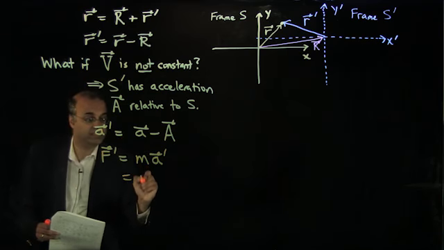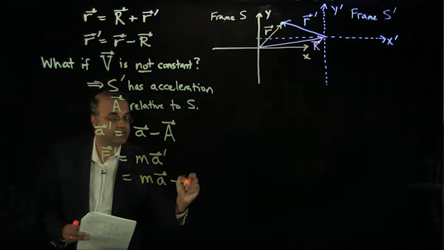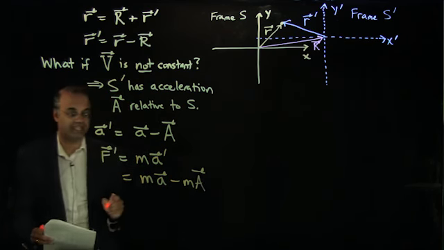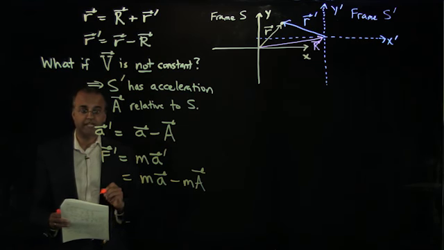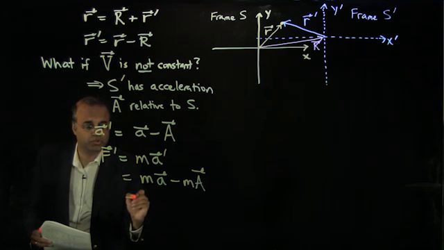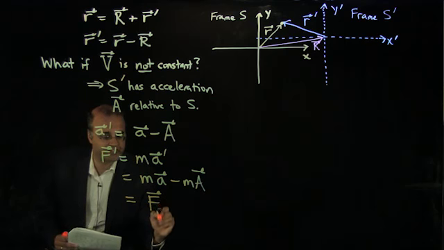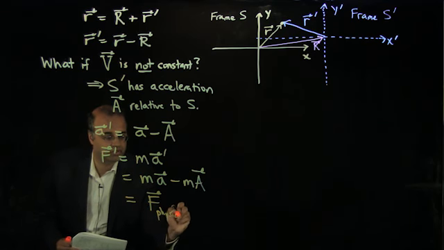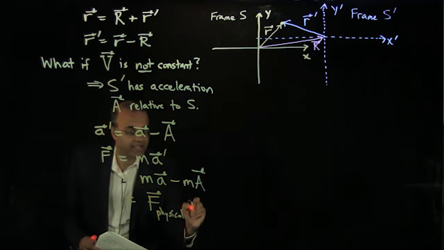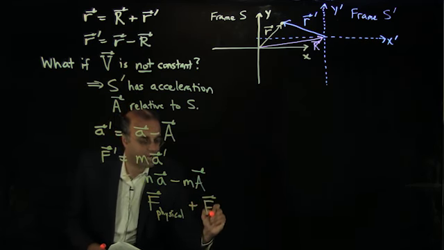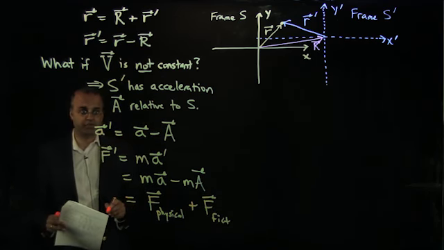But that is the mass times the acceleration measured in frame S minus m capital A, the acceleration of frame S prime relative to frame S. Now I can rewrite this as two terms. One I'll call F physical, which represents the physical forces acting on the object. And the second term I'm going to call F fictitious, for reasons that we'll see in a moment.